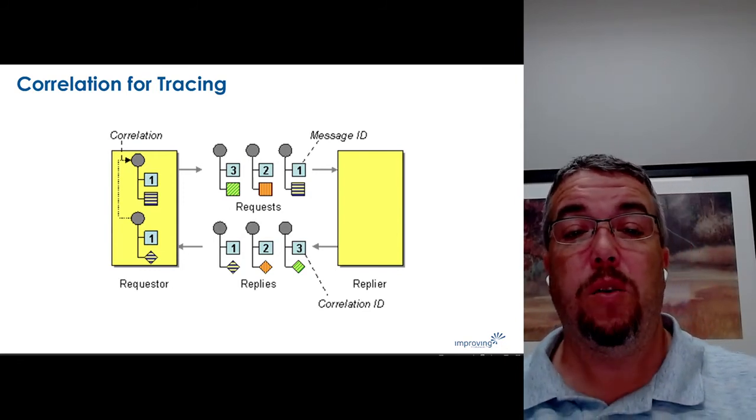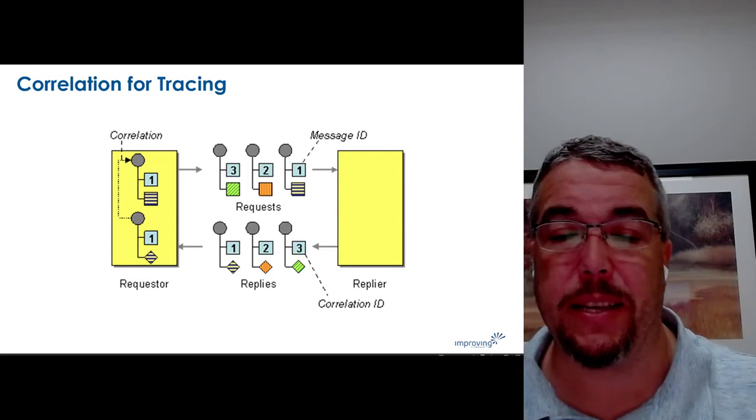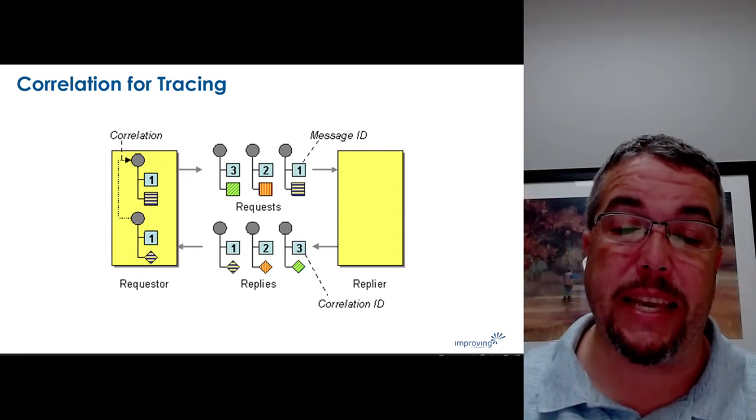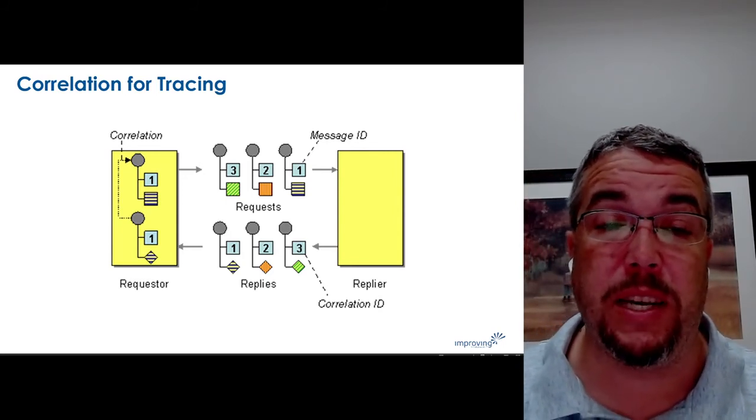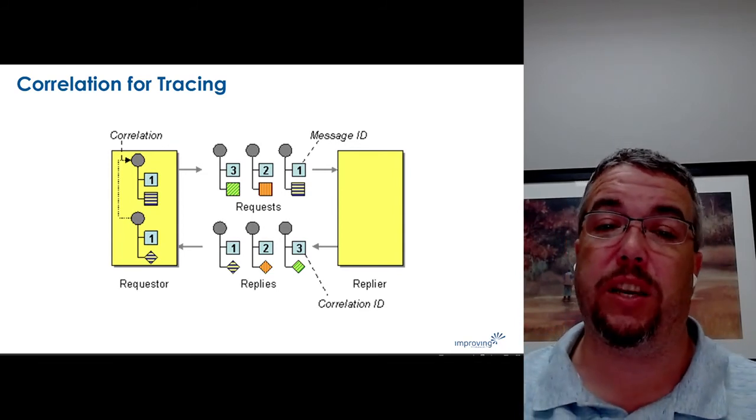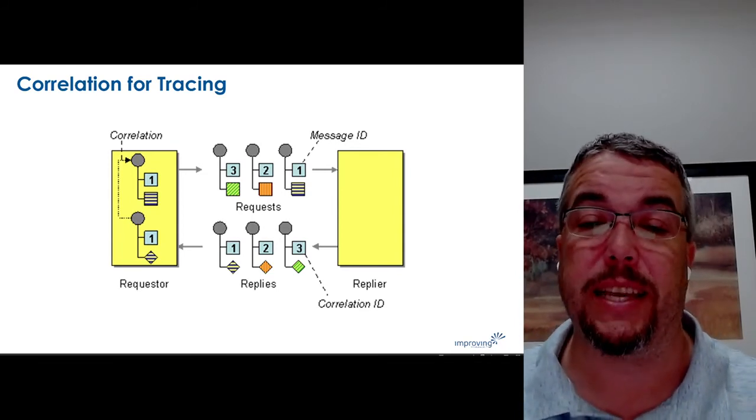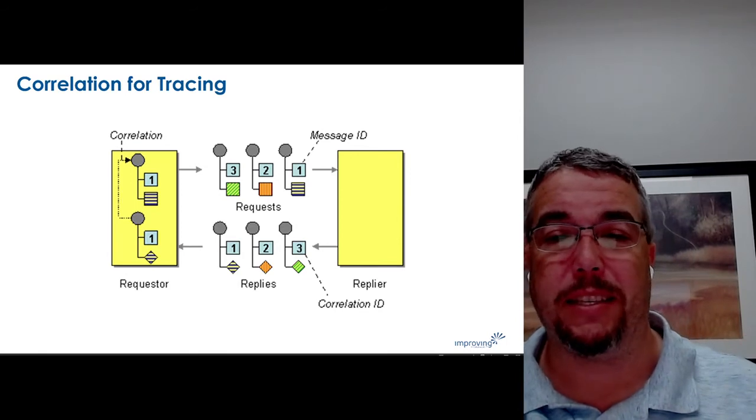And so when you're building a distributed system, building from the get-go to assume that you need correlation to be able to perform tracing is a must.